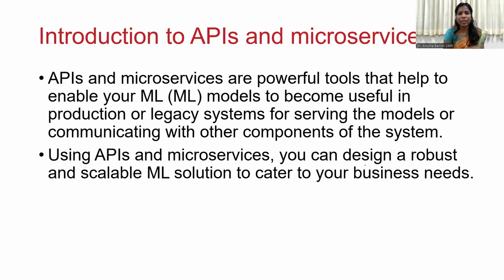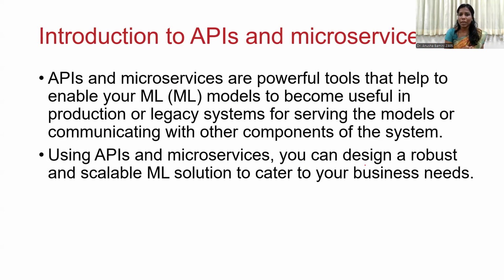API and microservices are powerful tools that help enable your machine learning model to become useful in the production environment. After deploying a particular model into a cloud environment, only then can we say our model is in a production role. Only then can we receive some benefits from that particular model.